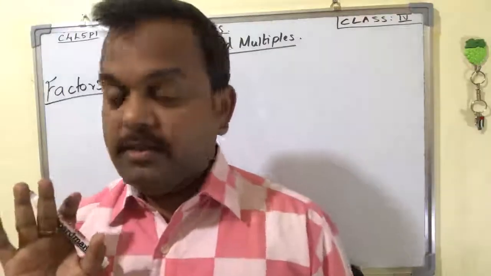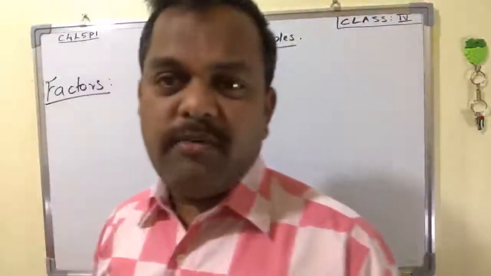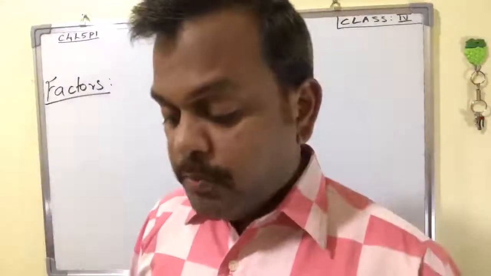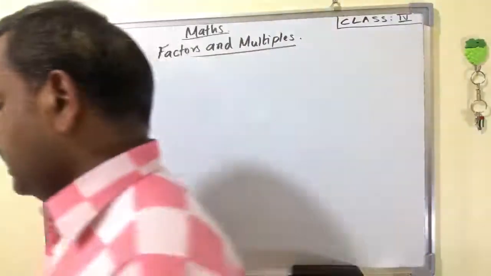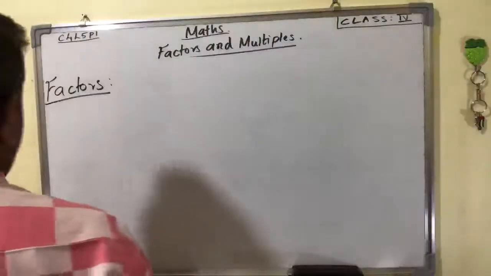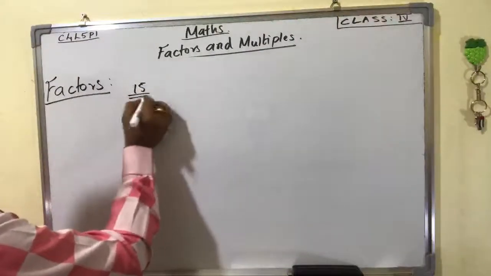Okay, this is a factor. From your book it is given very easily for you to understand. You have seen that 15 is a multiple of 1, 3, 5 and 15. Now I am going to take 15.